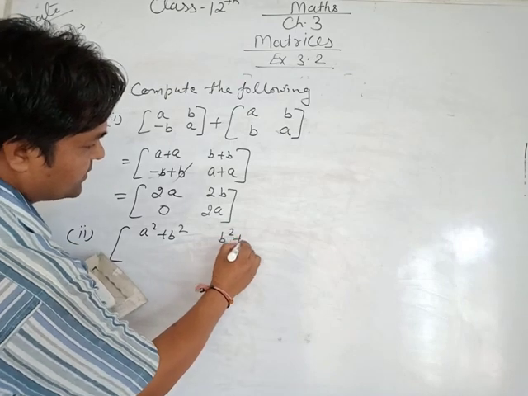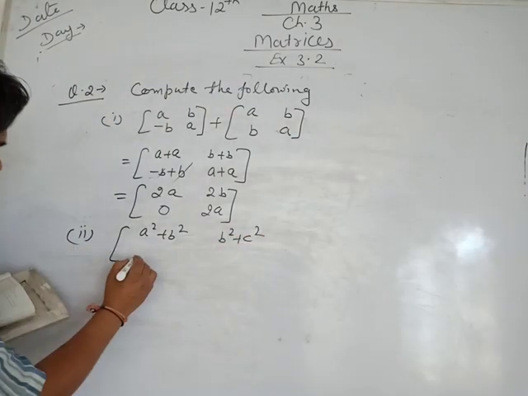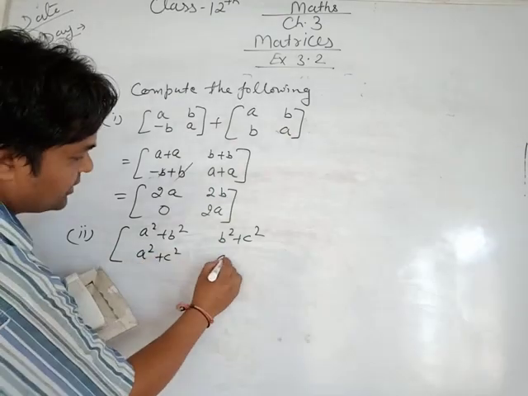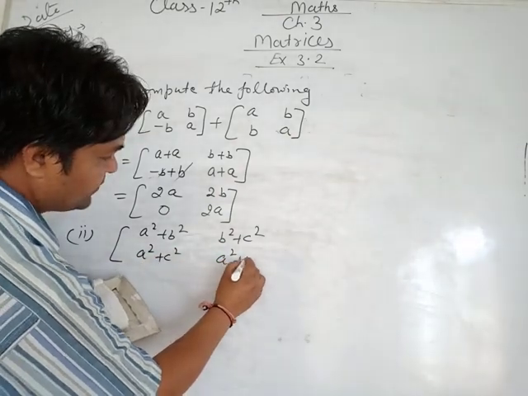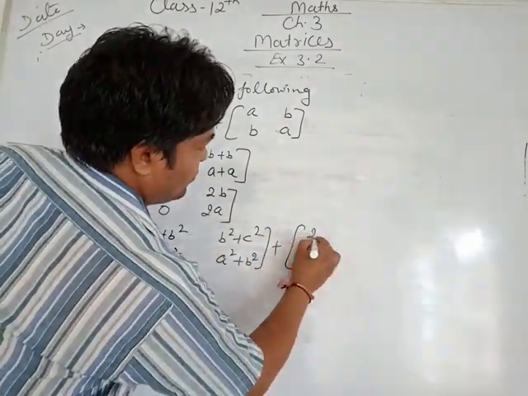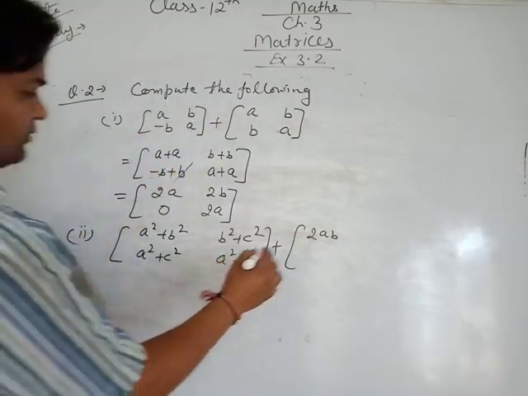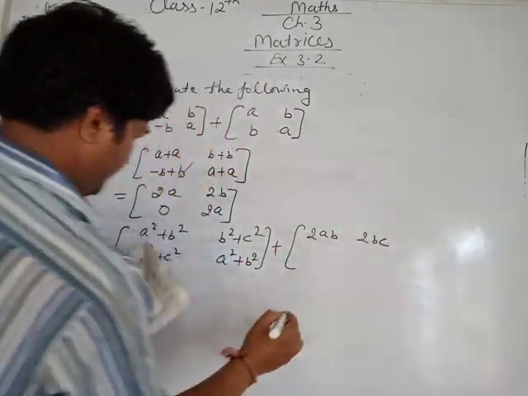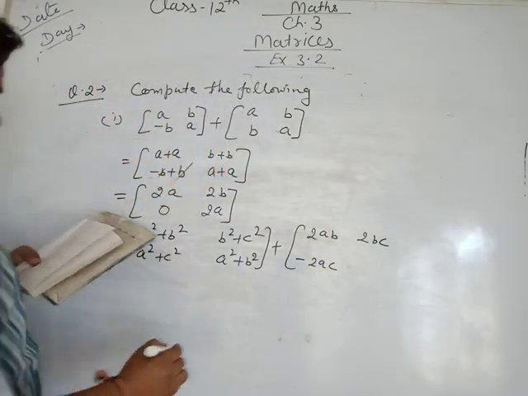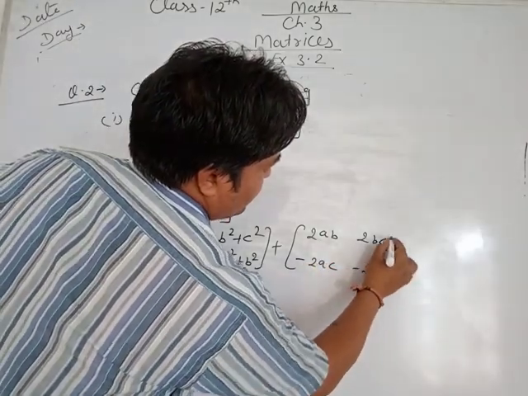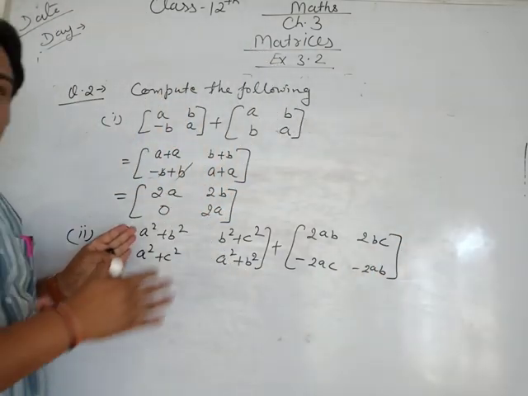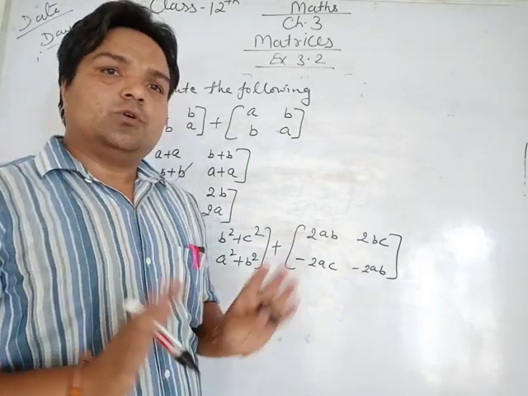Second element is b square plus c square. Now a square plus c square, a square plus b square, adding in the 2ab, 2bc, and here minus 2ac and minus 2ab. The procedure we will use is similarly only addition.